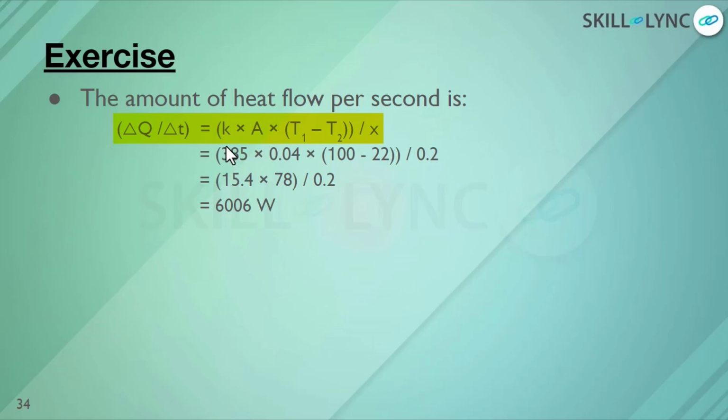Putting the values into the equation, K is 385, A is 0.04 as we just calculated, T1 is 100 degrees Celsius, T2 is 22 degrees Celsius and the length of the cube is 0.2 meters. On simplifying and solving, we get the final answer as 6006 watts. That is, the heat flow per second is 6006 watts, which is the answer to the question.